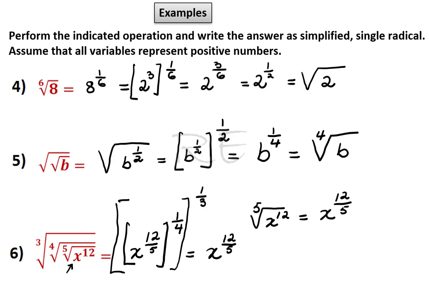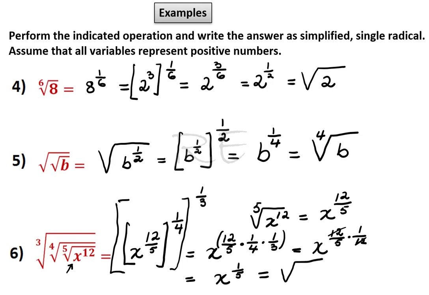X to the 12 over 5 times 1/4 times 1/3, and 1/4 times 1/3 is 1/12. So x to the 12 over 5 times 1/12, 12 will cancel. So our answer is x to the 1/5, which is the fifth root of x.